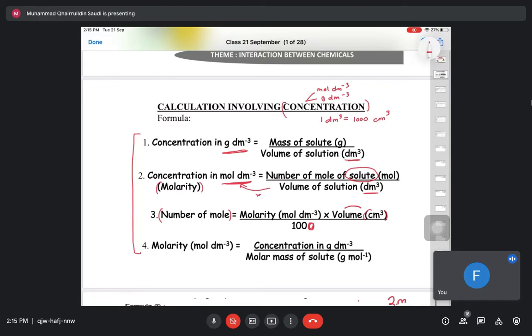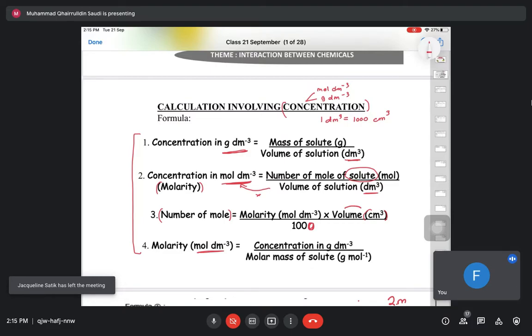The last one is the exchange between molarity and concentration in gram per dm cube. If the question wants you to find molarity when it's given gram per dm cube, you just take the concentration divided by the molar mass of the solute.